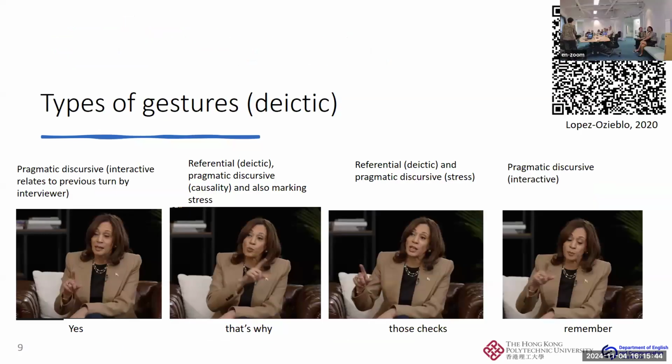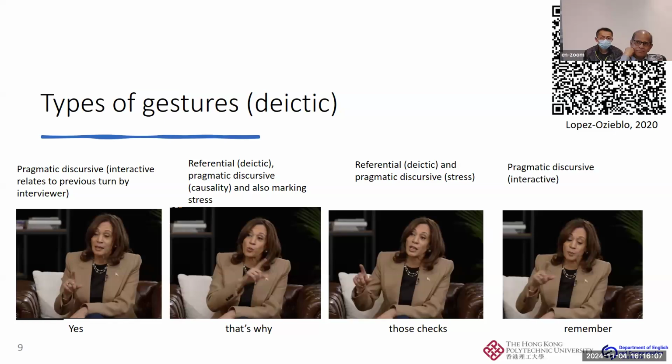I'm just going to look at the very first 4 or 5 gestures. If you notice, she starts with her finger up. So this would usually be classified as a deictic gesture. Unfortunately, I cut the video a little bit too short. She says yes to start with, and that yes is actually referring to something that the interviewer had said before. So this gesture is a deictic one.